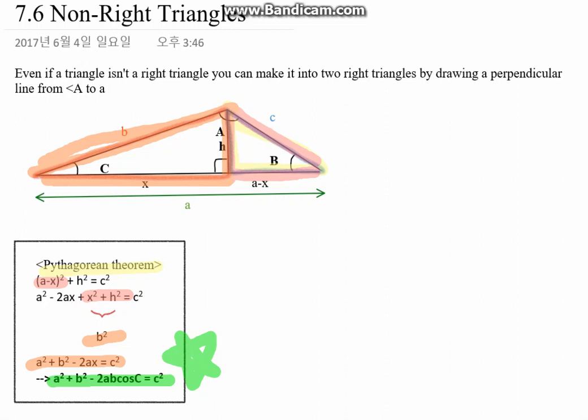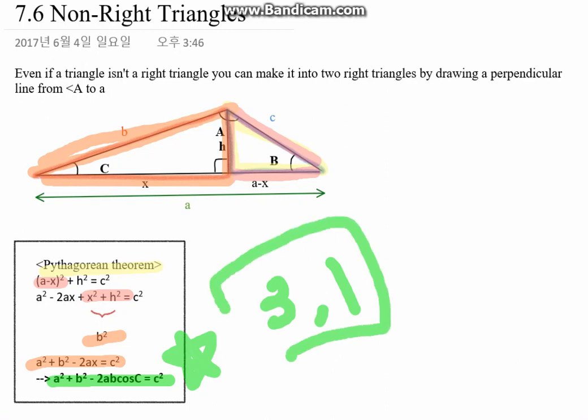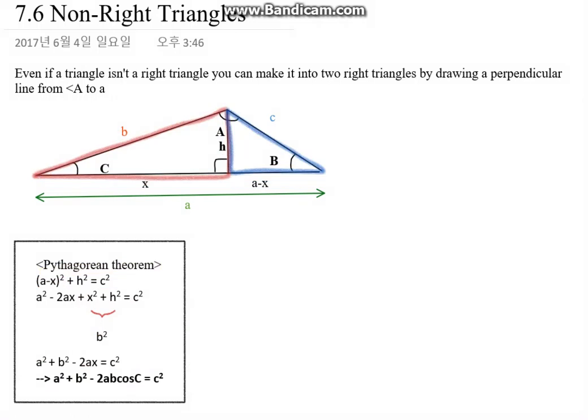So if we see a non-right triangle, we're going to use the law of cosines when we know three sides and want to find an angle, or when we know two sides and one angle. I think I made a mistake, I'm sorry.